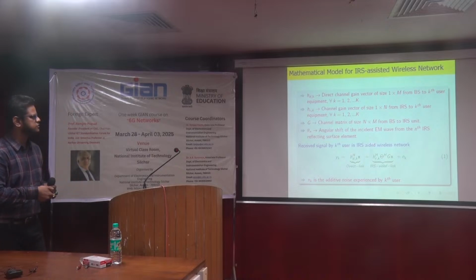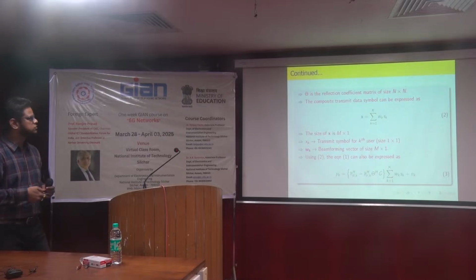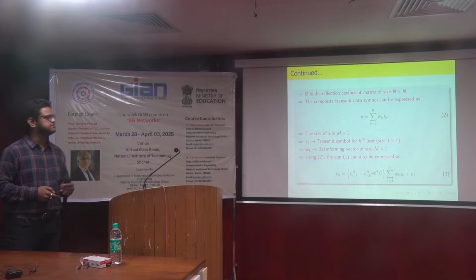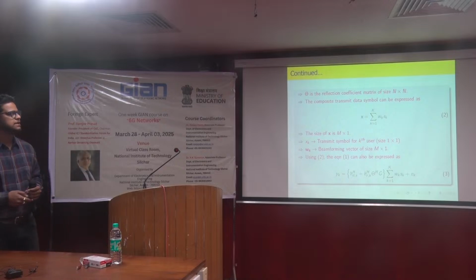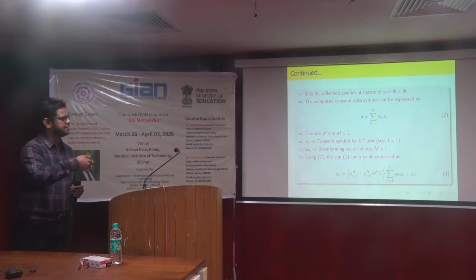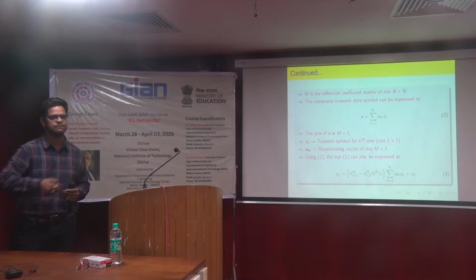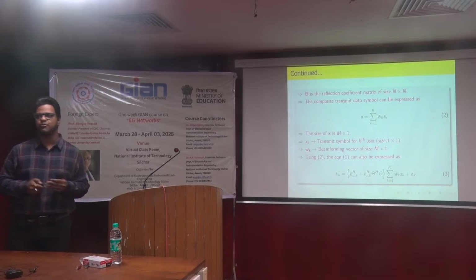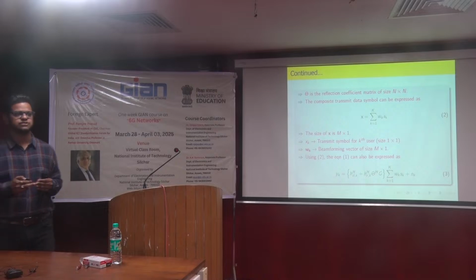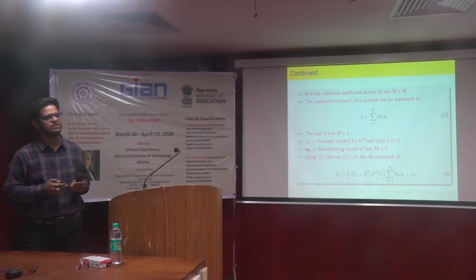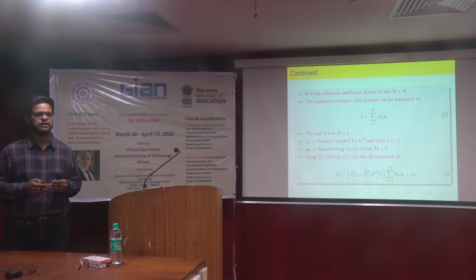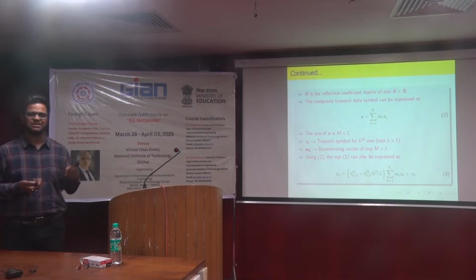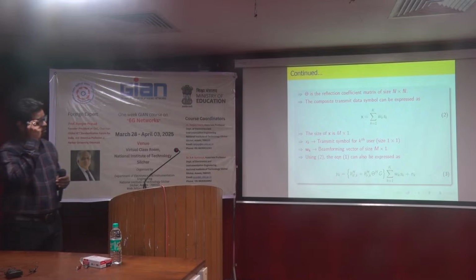this component is the direct link, and here we can see this X. What is this X? This X is the composite transmit data symbol, which is expressed as equation number 2, the summation form of the signal s_k, where s_k is the unit symbol transmitted from the base station, and w_k is the weight vector, which comes from the digital beamforming vector, and it can be derived from the basic concepts of beamforming.